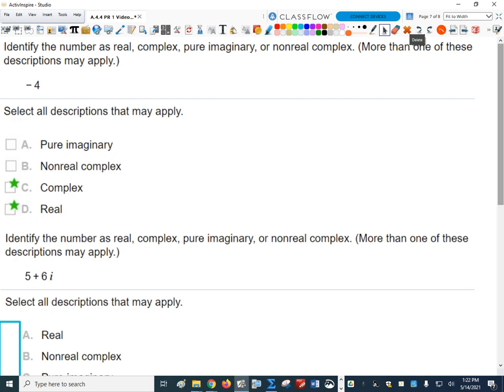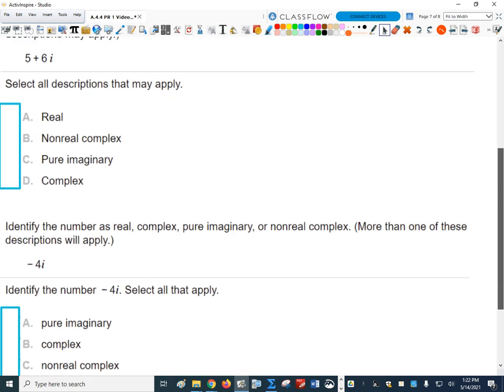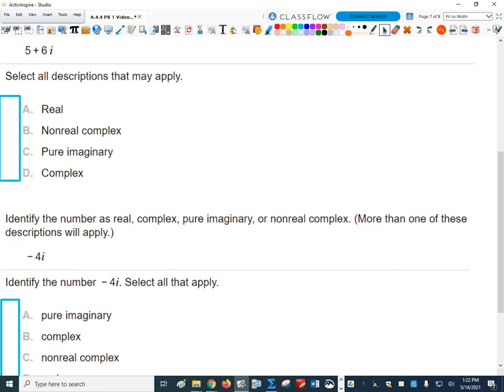All right, how about this next one? You tell me as a group. Is it real? Give me thumbs up, thumbs down, everybody. Real? This guy? No, it's not. How do you know right away it's not real? There's an i, right? So it can't be real. Is it a non-real complex number? Thumbs up, thumbs down. Yeah, thumbs up, you're right.